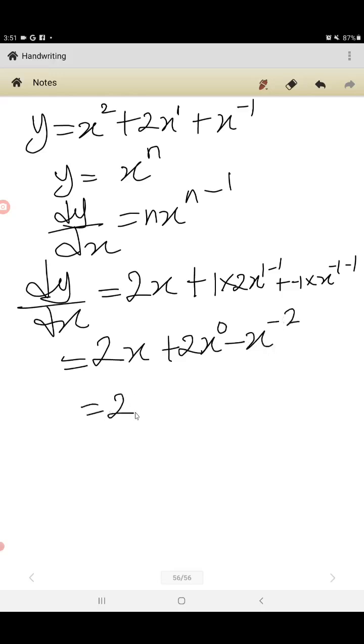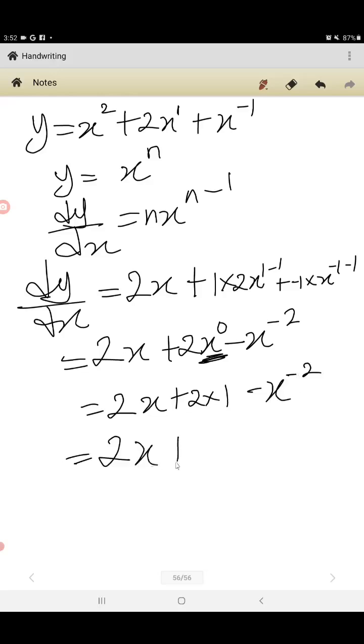Therefore, we have 2x plus, remember that x to the power 0 is 1, 2 times 1 minus x to the power minus 2. This will give you 2x plus 2 minus 1 over x squared. That's just the answer.